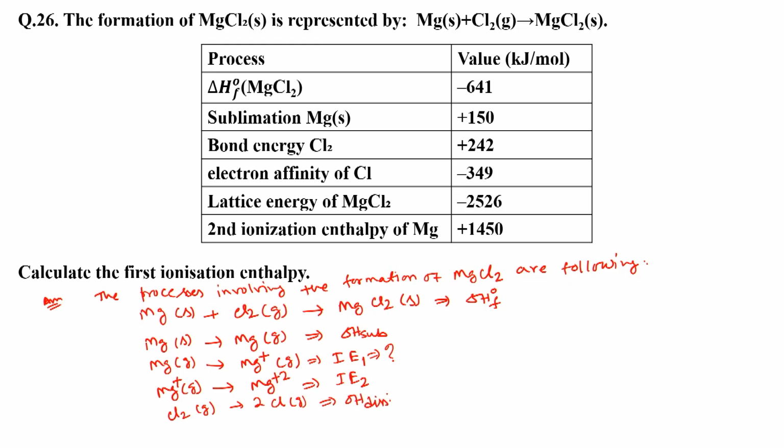Then 2Cl gas to 2Cl- gas, this is your electron affinity EA. And Mg2+ plus 2Cl- gives MgCl2 solid. This is lattice energy of MgCl2.